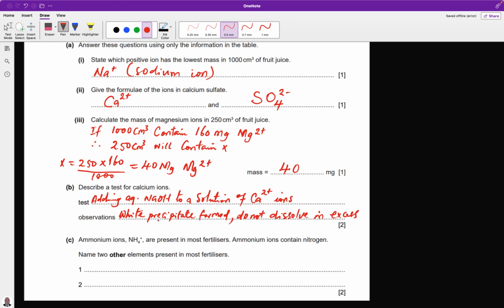So on adding aqueous sodium hydroxide to a solution containing calcium ion, what you will observe will be white precipitate formed that does not dissolve in excess.